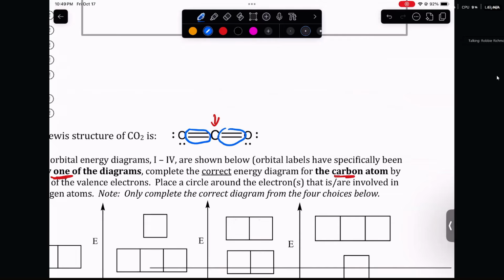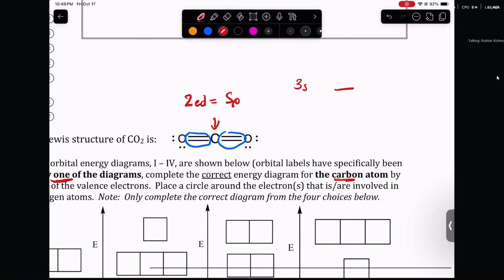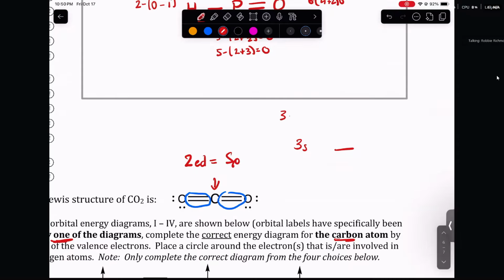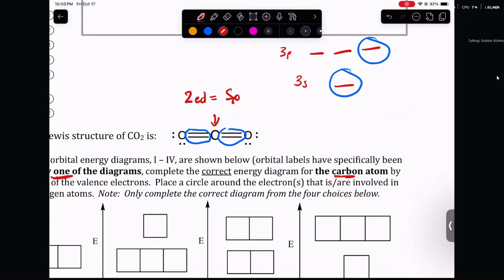Cool. So if you remember that little chart that we drew, or you probably should memorize and write on your exam, hint, hint, nudge, nudge, two electron domains is equivalent to sp hybridization. So if carbon, just normal carbon at the third energy level, has a 3s that has one orbital and a 3p that has three orbitals, sp means that we take one of these guys and one of these guys and throw them into a hybridized orbital called sp.